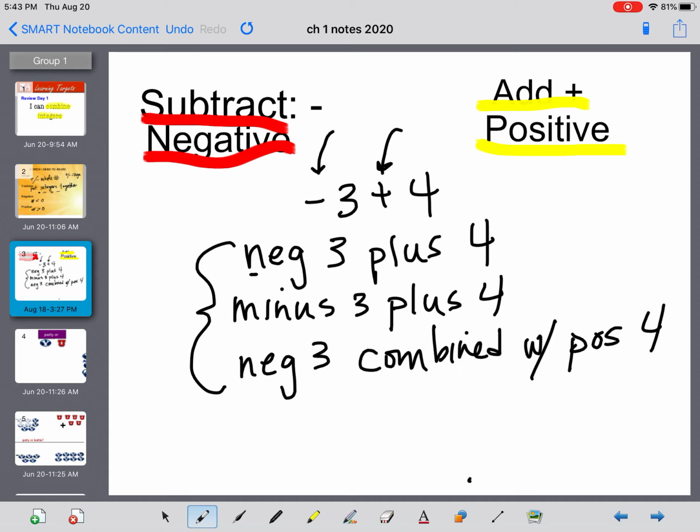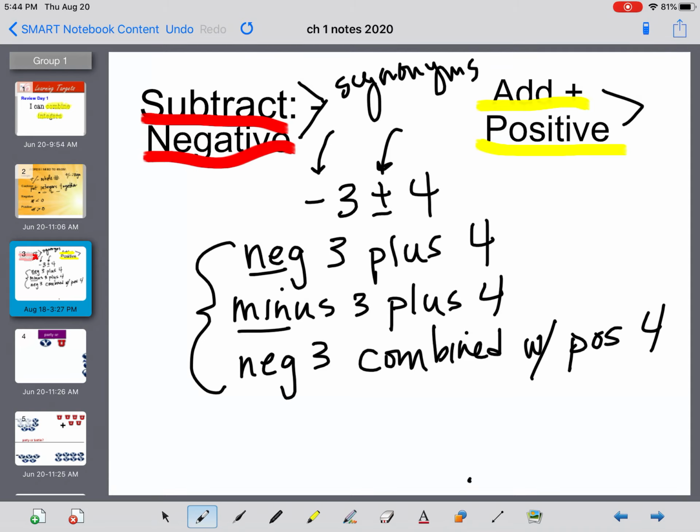Why is that? Why is this a negative and a minus? Well, because the words subtract and negative are synonyms. And if you remember from English class, a synonym is two words that have the same meaning. They are the same thing. Over here, add and positive, that's the same thing. I can say this is a positive 4.